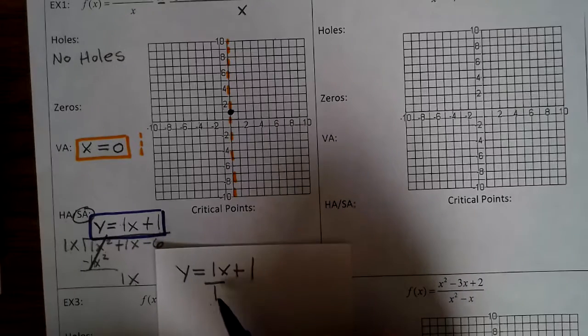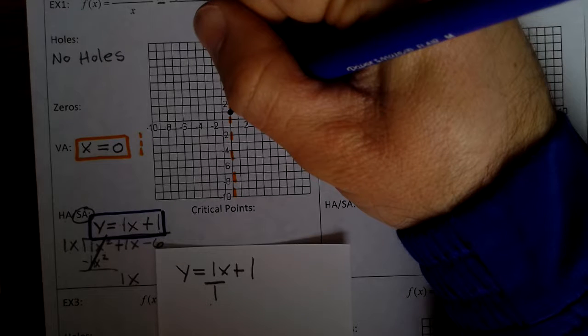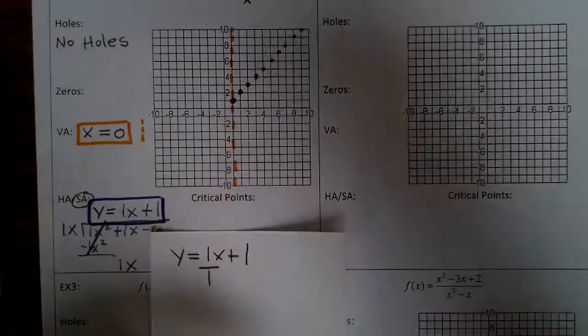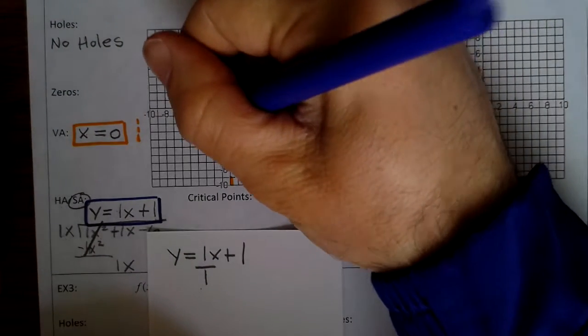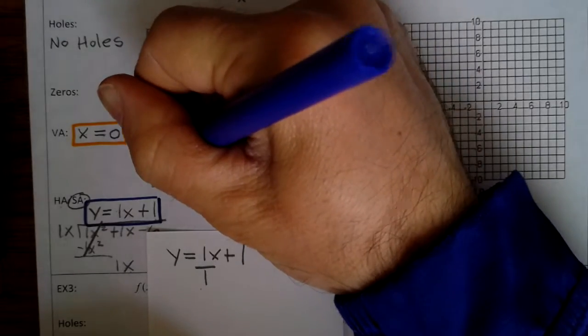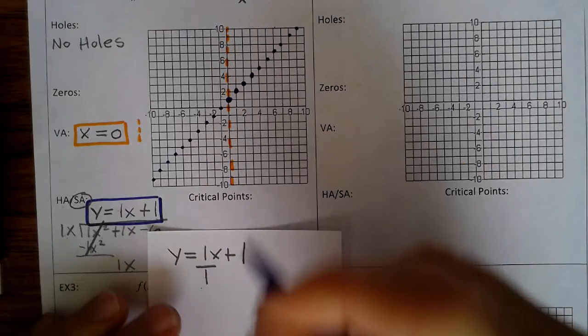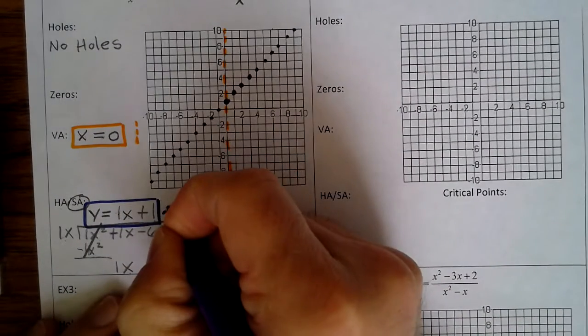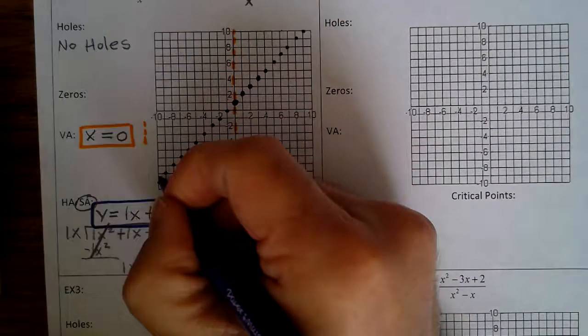So we go up 1 to the right 1, up 1 to the right 1, up 1 to the right 1, and so on. And then we can actually go left 1, down 1, left 1, down 1. Okay? Now, the slant asymptote is also a dashed line. And when we get a dashed line, I do every other point.